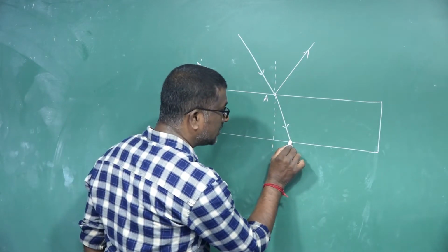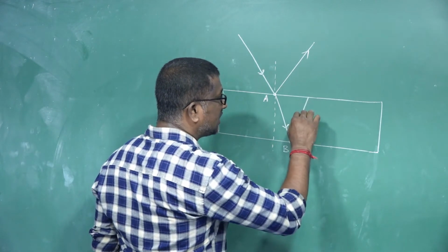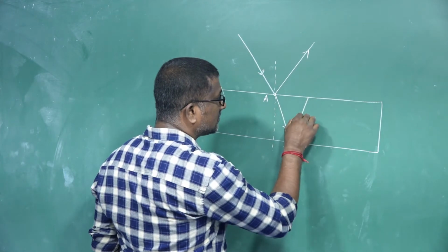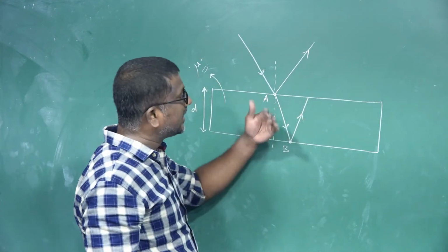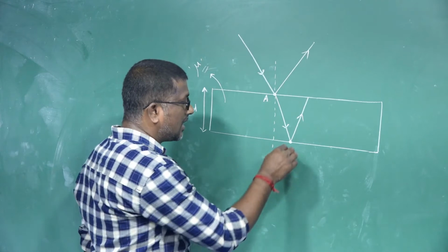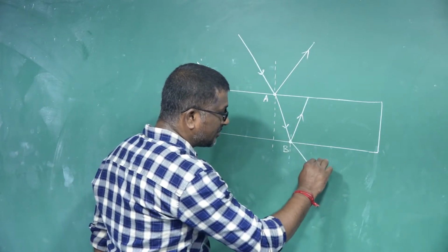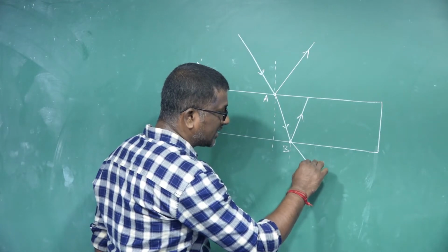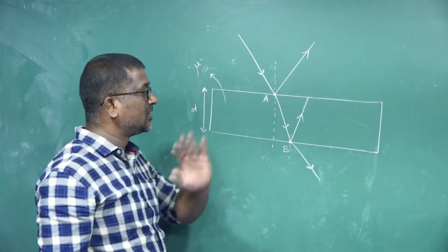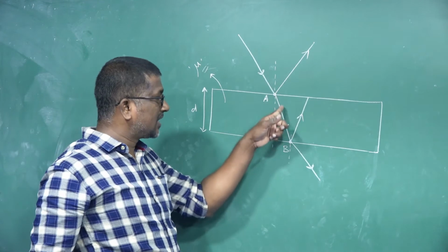One part is reflected inside the film, and another part of the light emerges out, or is transmitted out, from the thin film. So this is a refracted ray.